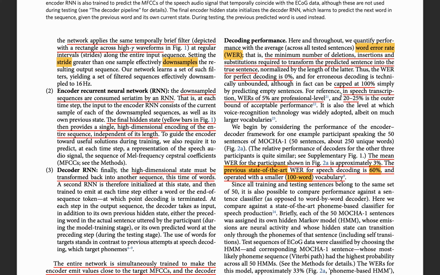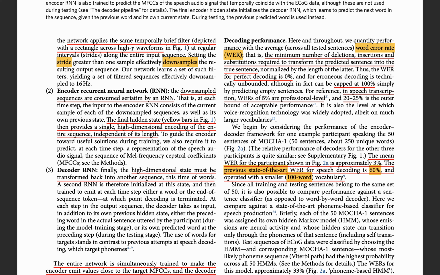But before that, they have provided a couple of benchmarks. So if you look here, in speech transcription tasks, the word error rate is around 5% at professional level, and then around 20 to 25% is the outer bound, meaning anything beyond that is not useful. So at least we want to achieve 20-25%.